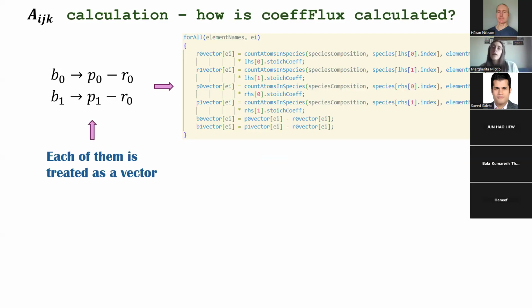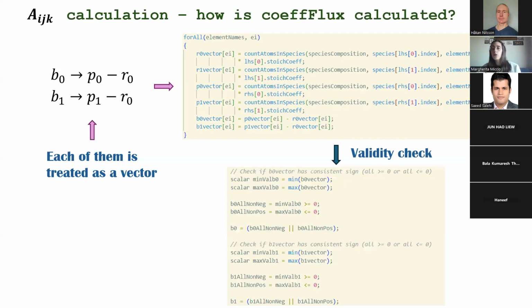And we will count, again with the helper function I showed before, the atoms in each species by multiplying also for the stoichiometric coefficient. So once we calculate the number of atoms in each species of the reaction, we can proceed to calculate B0 and B1 by subtracting the R0 vector from P0 and P1.